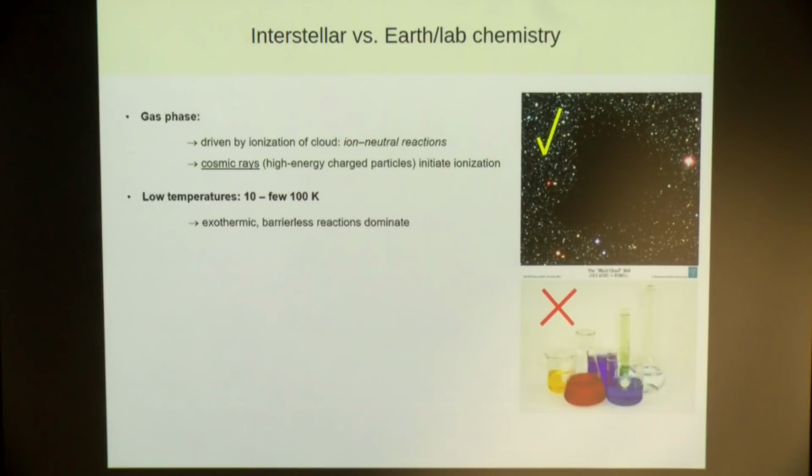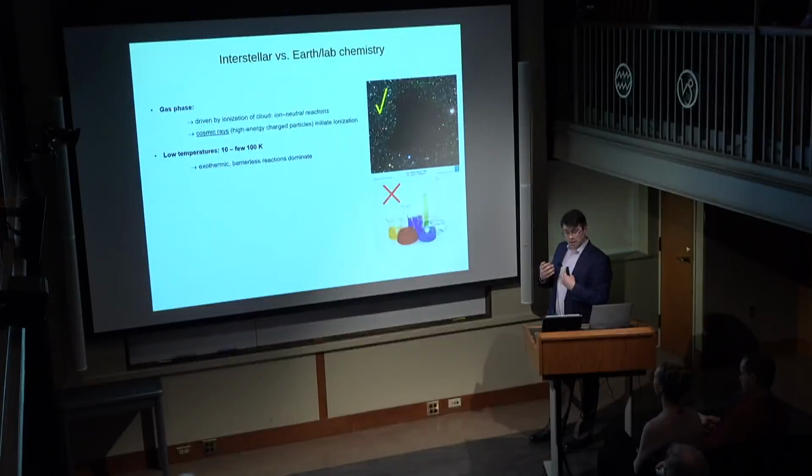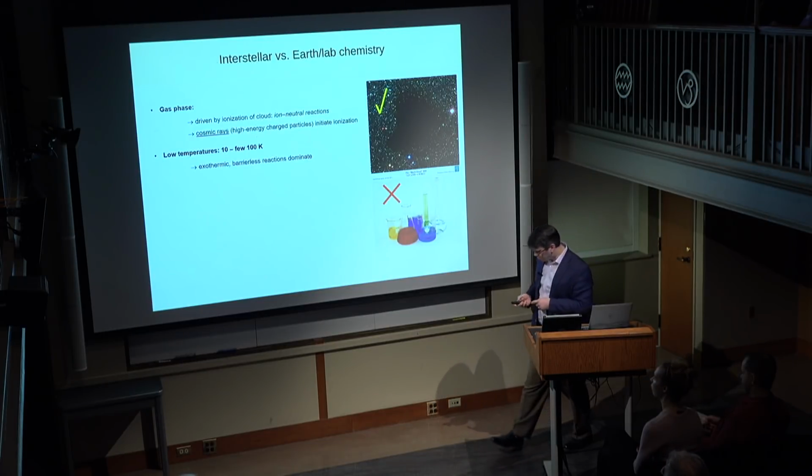From the point of view of the chemistry, that means that only certain reactions will tend to be important, that is to say, exothermic reactions, typically those that don't have barriers. Most of the chemistry is driven by these barrierless processes, and in fact, these ion-molecule reactions are often exactly that: barrierless and exothermic.